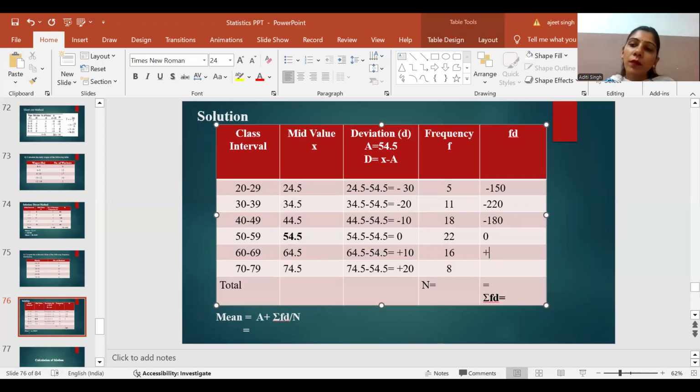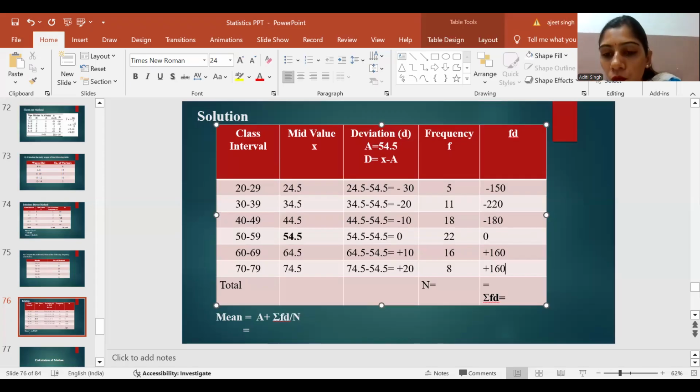But if the value is in minus, you have to put the sign of minus. So for better understanding, let's put the sign of plus. 10 into 16, basically 160. And now plus 20 into 8 is, first put the sign of plus, it is 160. Okay, this is how we calculate the value of fd.